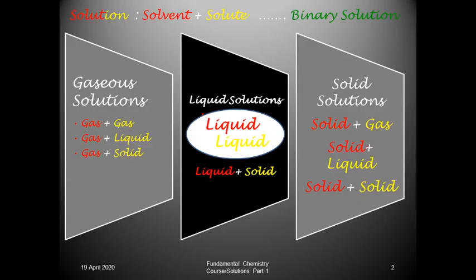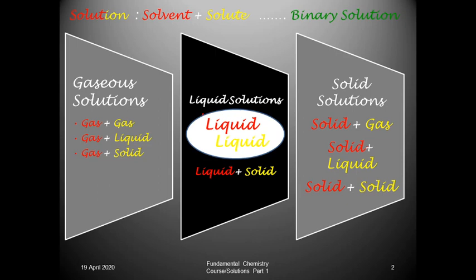A solution is a homogeneous mixture of two or more components. If there are only two components in a given mixture, then that solution is called a binary solution. There are two components in a binary solution, of which one is the solvent and the other is the solute.